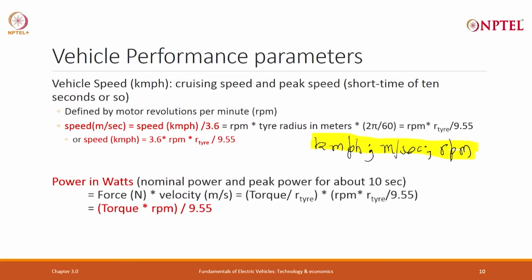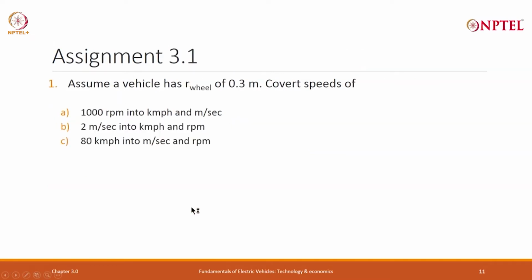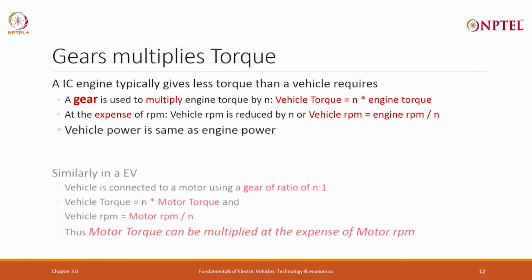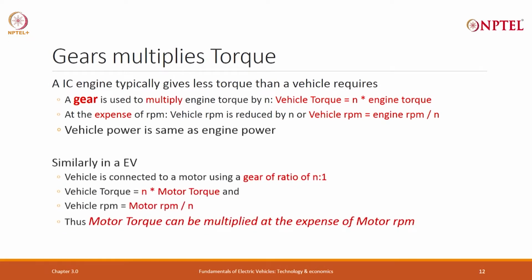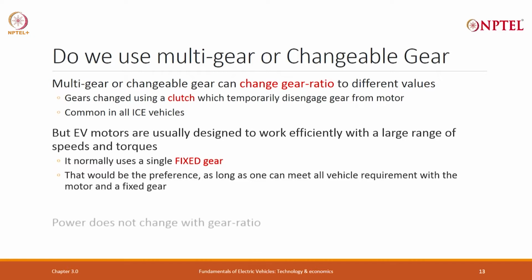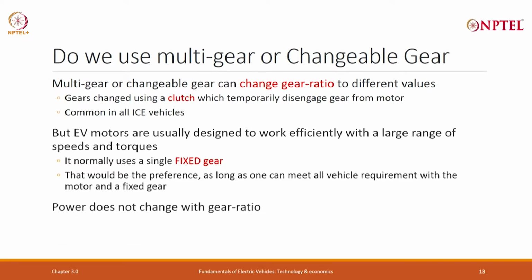And we had even talked about power being torque into RPM divided by 9.55, an important ratio that we will talk about. So, this is where we did the gears: gears multiply the torque at the expense of the RPM. While multi-stage gears can be used, EVs tend to use a fixed gear.